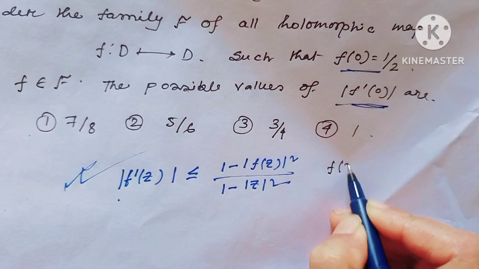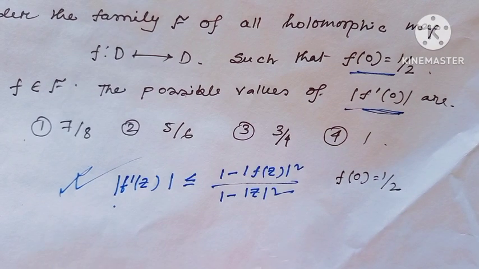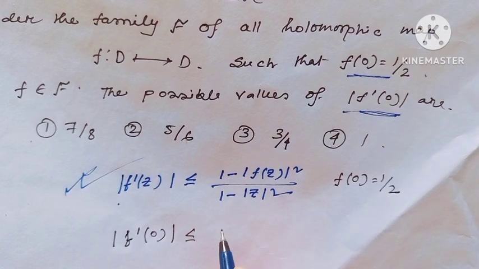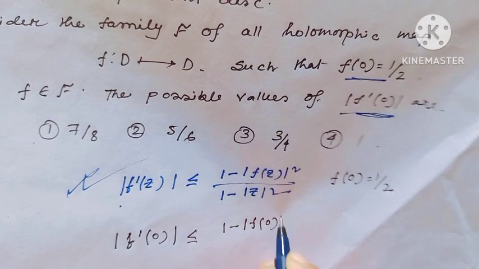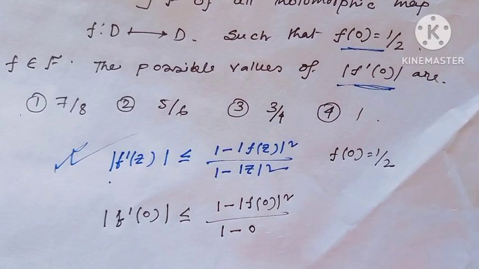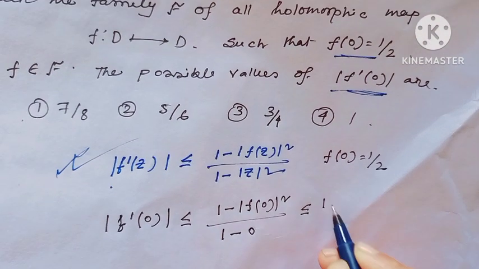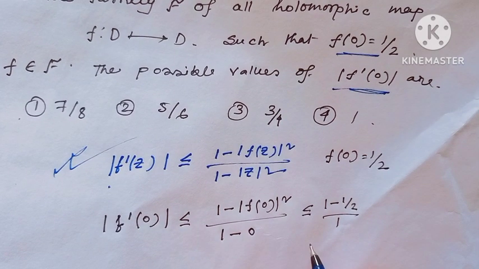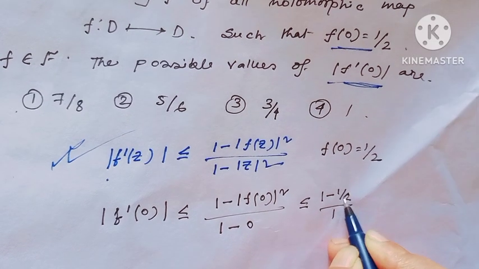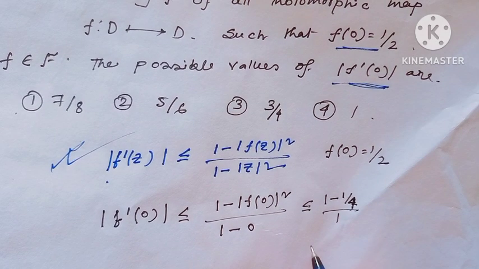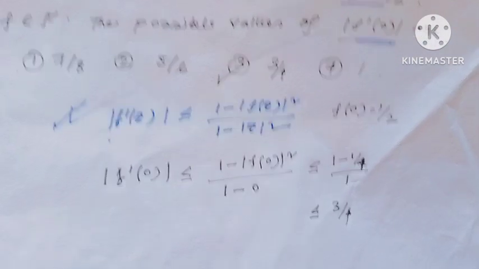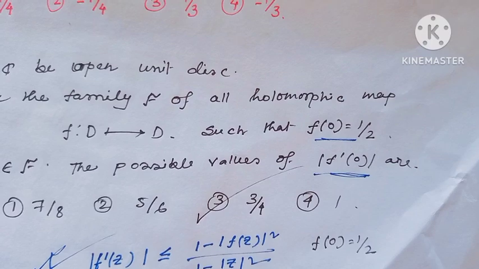Since f(0) equals half, modulus of f prime 0 is less than or equal to (1 minus f(0) whole square) divided by (1 minus 0), which is less than or equal to (1 minus 1/4) over 1. So this value would be less than or equal to 3 over 4. So option 3 is the right option. I hope all my viewers have understood this clearly.